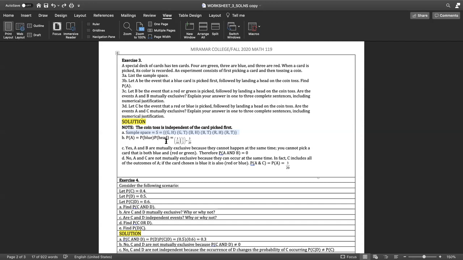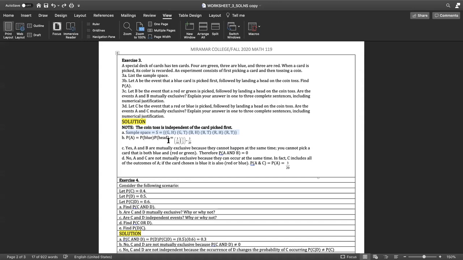Later, we'll talk about conditional probability, where we ask for the probability of an event given some other event has already occurred, all right? But in this experiment, you clearly see that the coin toss doesn't depend in any way upon the card that's drawn, okay? So whether you pick a blue or a red or a green in your card selection has no bearing on the probability of seeing a head on the second part of the experiment.